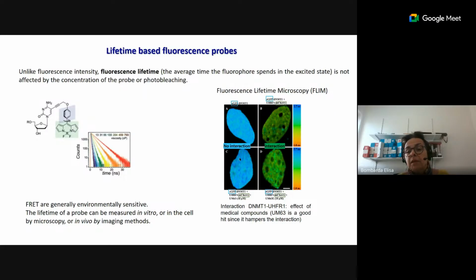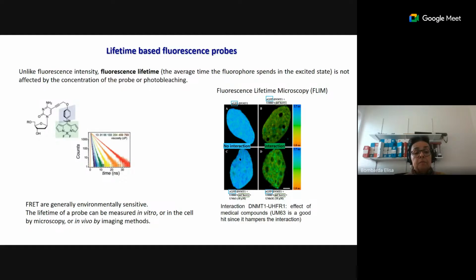This time can be affected, reduced, or prolonged according to the phenomena occurring in the surroundings. That's why lifetime can also be used as a parameter to be detected, and there are probes designed to be sensitive in this respect.